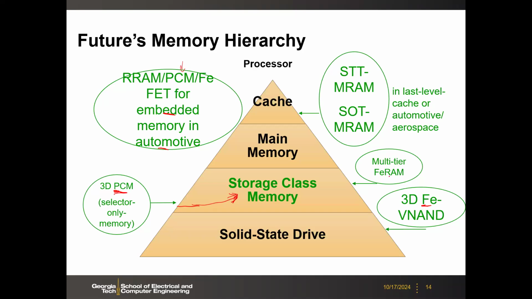And also here, the multi-tier FE-RAM. Last year, Micron reported a 32 gigabit FE-RAM at the IEDM conference. If you look at the spec there, it almost matched the LPDDR5 DRAM spec while providing additional non-volatility to the data. And for data retention, with DRAM you have to refresh every 64 milliseconds.